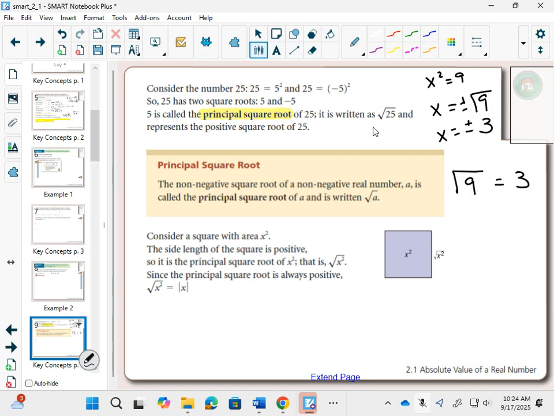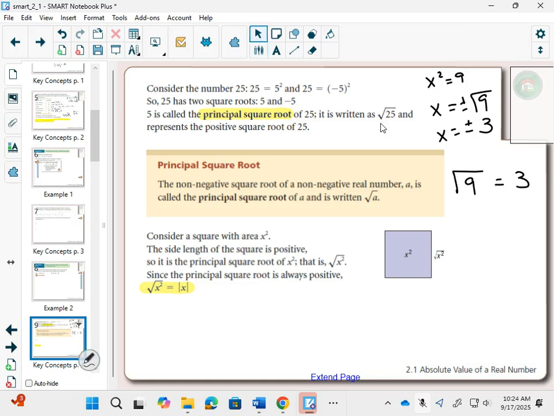So principal square root is always positive, but it says here, consider a square with an area of x squared. Does it make sense that the side length is the square root of x? And we have something new here, that we could write the square root of x is always positive. So even if x was a negative number, you have to make this positive in the end.